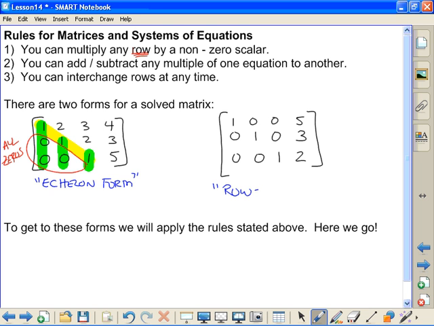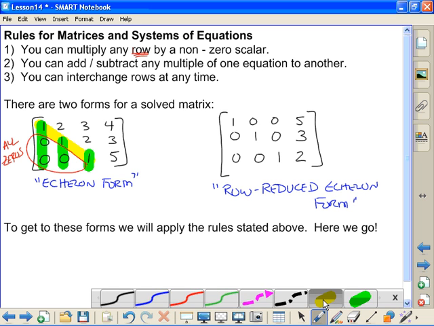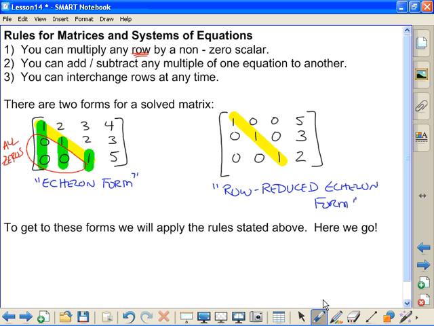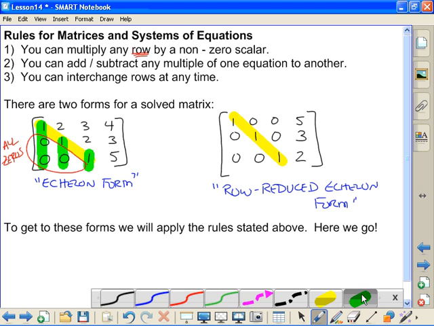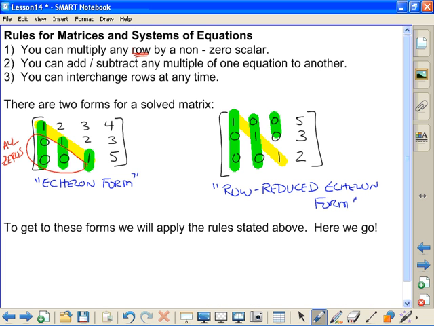I'm just making you aware that it exists. You never ever have to use this for me. It has ones on the diagonal, and now if you look in each column, it's only ones and zeros in the first 3 columns. Okay, so that's what we call row reduced. It takes a little bit longer for what we want to do.